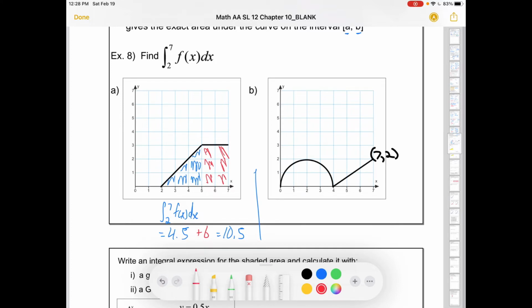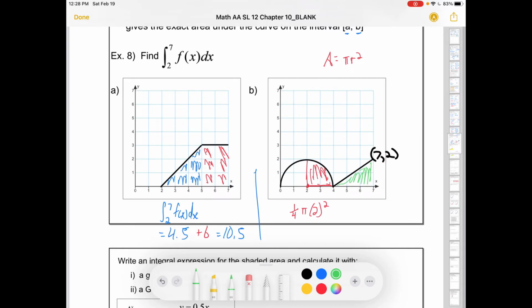So in the next one, we could do the same thing, though counting blocks is kind of rough in this one. Let's think. Area of a circle is pi r squared. So in this case, we would have 1/4 of a circle, and that circle has a radius of 2. And then we have this amount here.